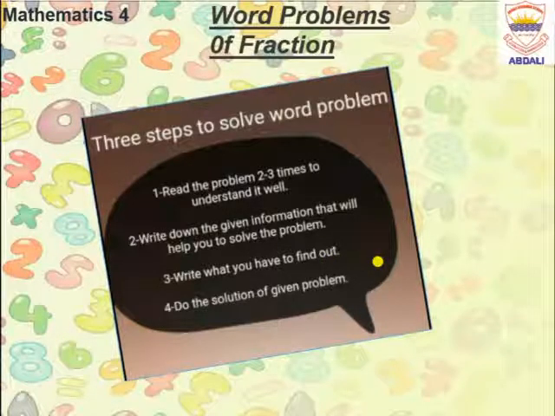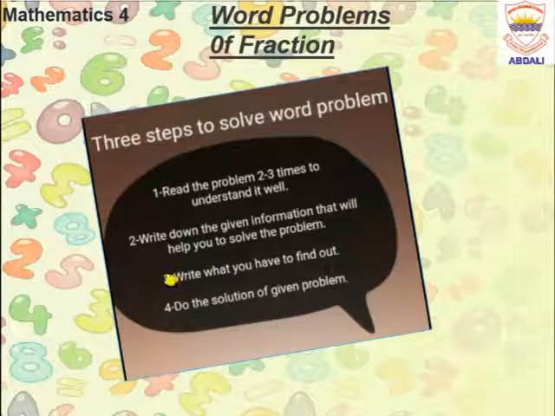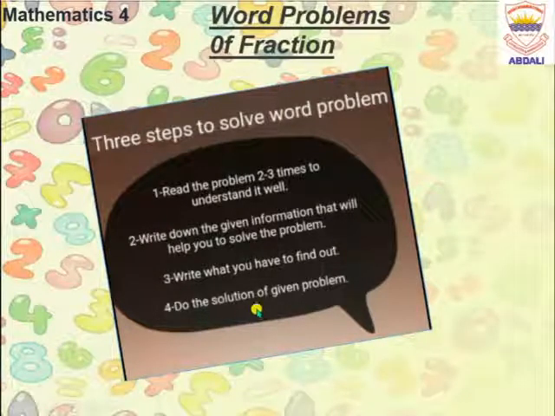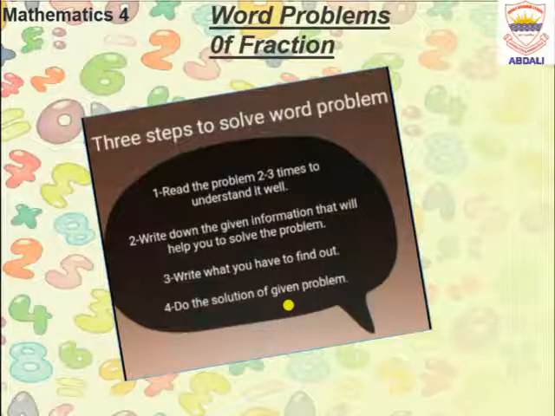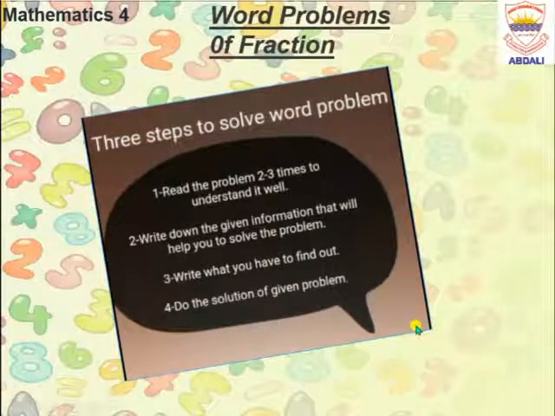When you read your problem carefully, you will be able to find out what you are going to find. At number 4, do the solution of the given problem. After finding out what you need to find, you will start your solution. So remember these 4 steps to solve the word problem.